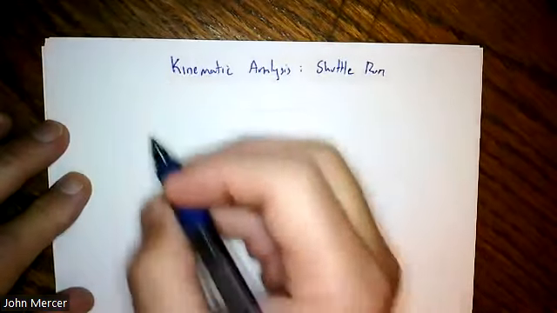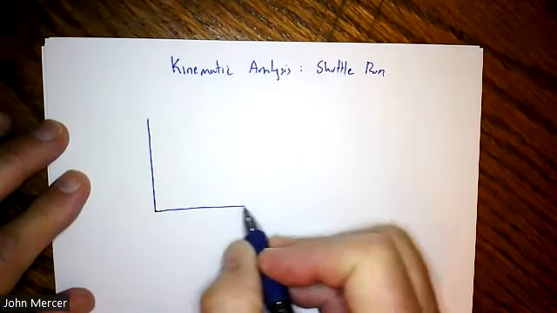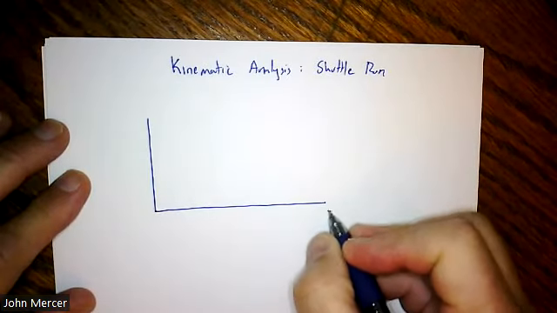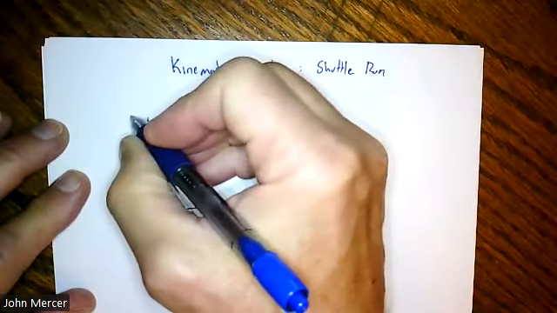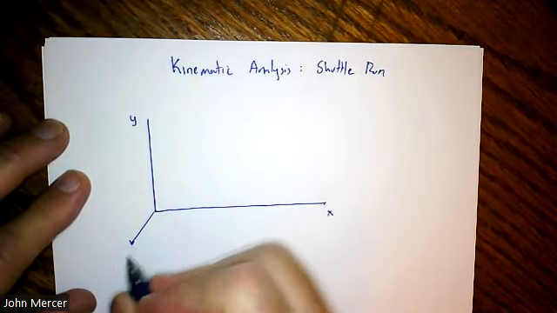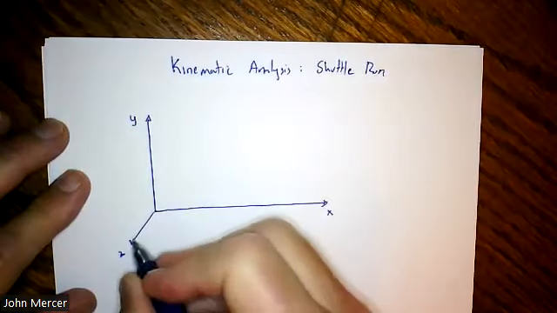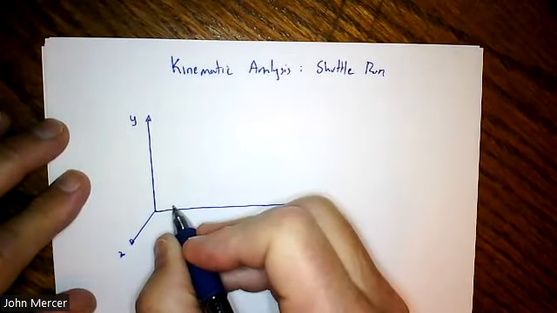All right, so let me draw out a laboratory reference frame, sort of describing that shuttle run a little bit more. So we have that horizontal dimension, we have the vertical dimension, this would be the ground, and then we also have a medial lateral direction. All right, and we've got a person who's going to be running.